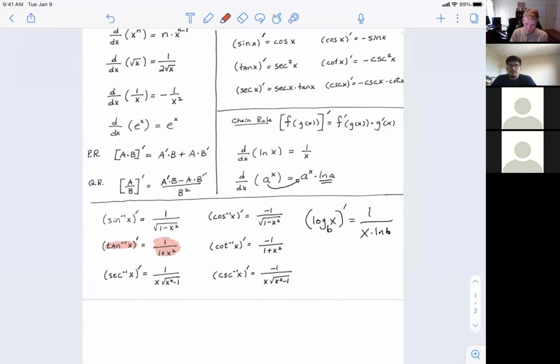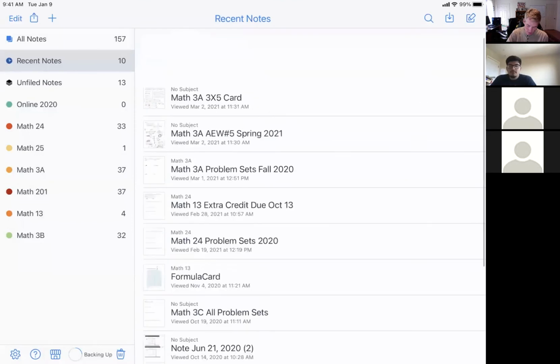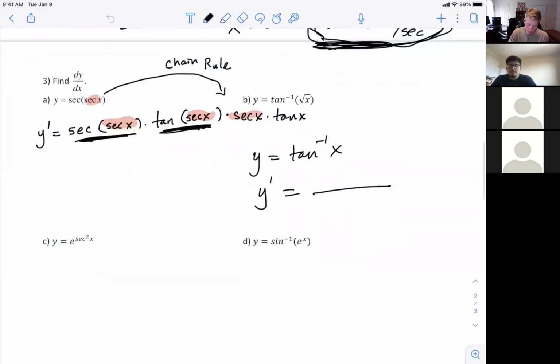So it's just a 1 over 1 plus x squared. Oh, let me go back to today's, there it is. So for tangent inverse, it's 1 over 1 plus x squared. And again, whatever this is for x, the exact same thing has to go right there in the formula.